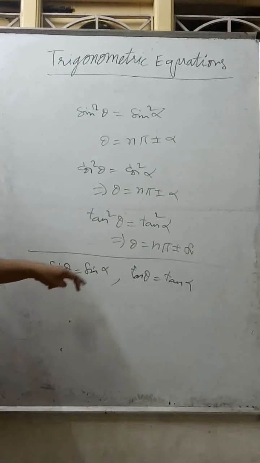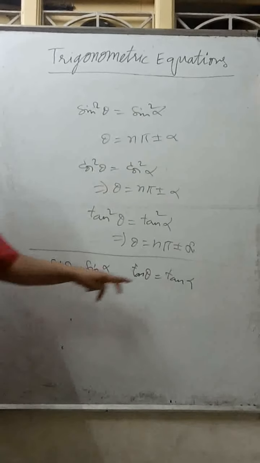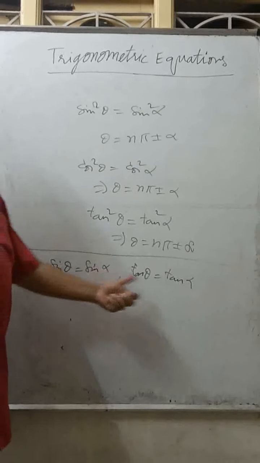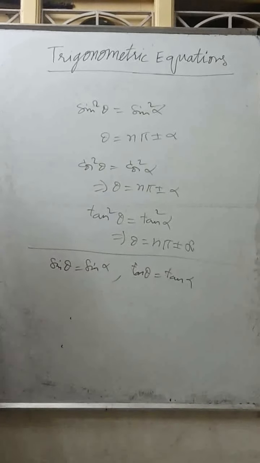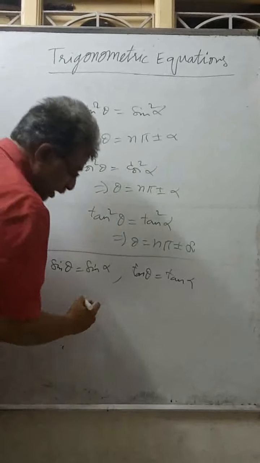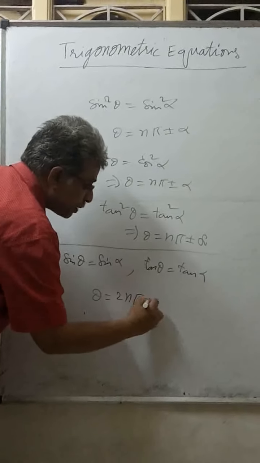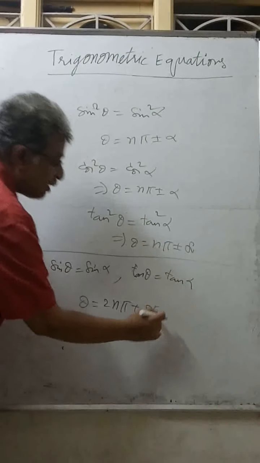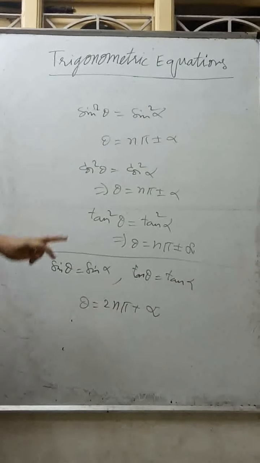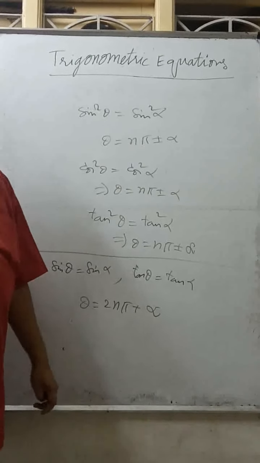Like if one is positive and the other is negative, for example in the second quadrant, make all into one quadrant, then find the principal value. The general solution is theta equal to 2n pi plus alpha. If it is a combination of any two ratios, alpha is the principal value of both and theta equal to 2n pi plus alpha.